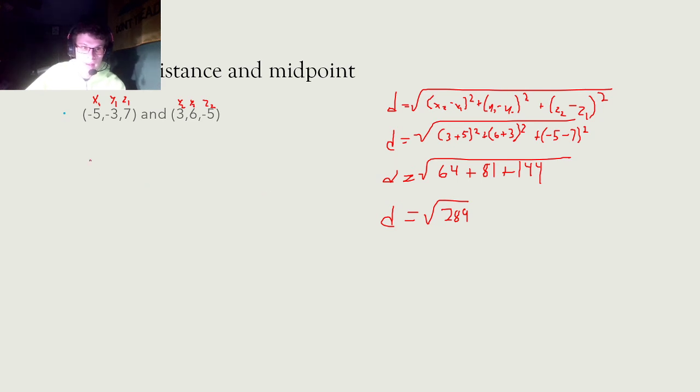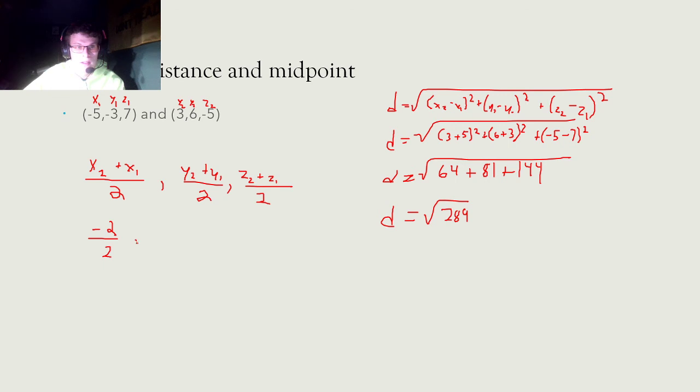Now midpoint. Midpoint's a little bit different because to find the midpoint, you just have to add the corresponding values together and divide by 2. Okay? So, z2 plus z1 over 2. So let's do that. My x2 is 3. My x1 is negative 5. 3 plus a negative 5 gives me a negative 2 over 2. Okay? Negative 2 over 2.